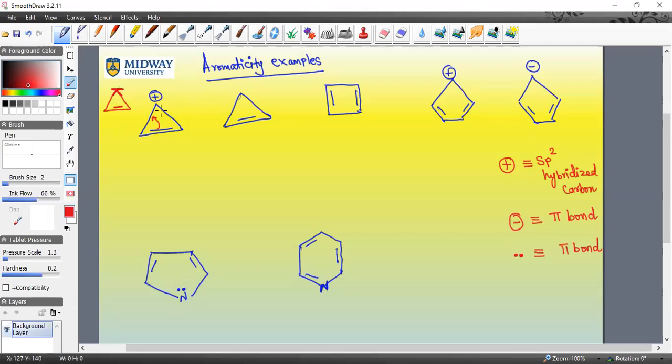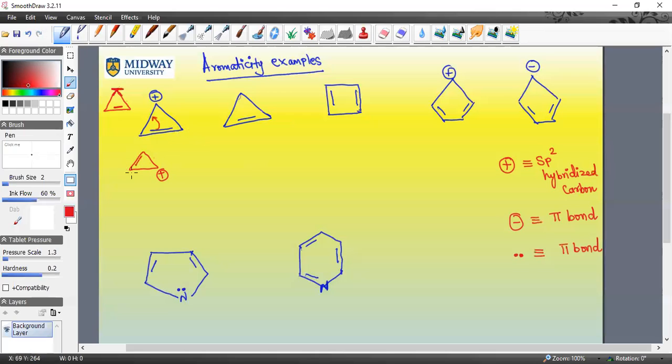So let's look at resonance. I'm able to move this here. What that does is the positive charge is now here, and the double bond is here now. So I have moved the bond here, right? So the positive charge would be here, double bond would be here.